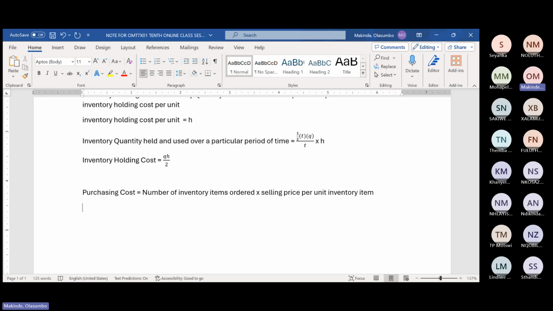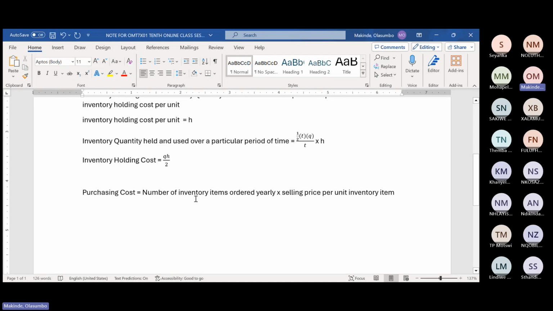So the number of inventory items you ordered yearly, multiplied by the selling price per unit, which is the cost per item.